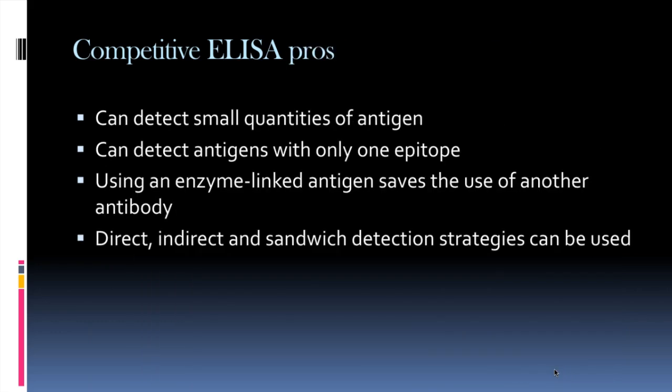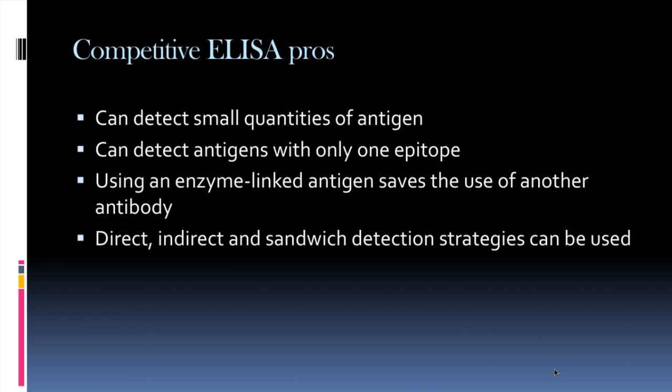So the pros of a competitive ELISA: firstly, you can detect small quantities of your antigen. You can also detect antigens with only one epitope. Again, you're not having multiple antibodies binding to the same antigen as you did with sandwich ELISA. This allows you to use not only smaller quantities of antigen, but also smaller antigens in general.